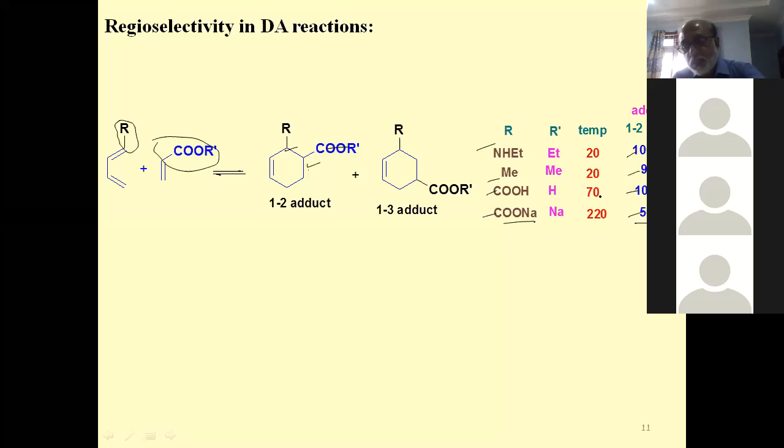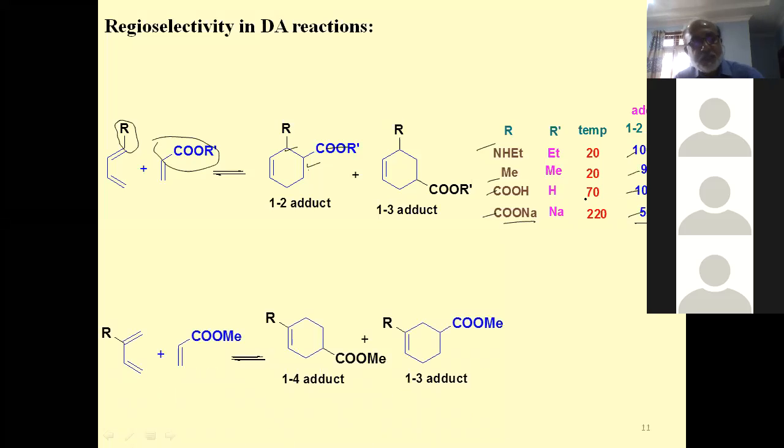We have to understand why it is happening that way. If the substituent is in position 2 of the diene, then the product may be 1-3 or 1-4. Either this carbon attacks with this carbon, which becomes 1-3, or this carbon with this carbon, which becomes 1-4.